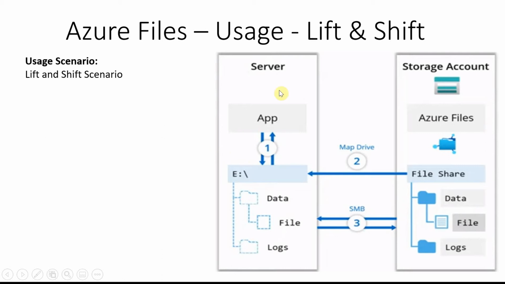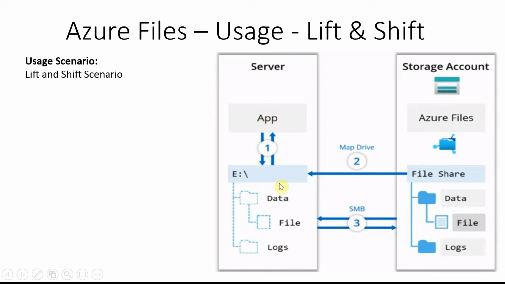Imagine that this is your on-premise side. Forget about the other side of it. In on-premise, if you're using a file share, generally your application, some Java or .NET application, will connect to a file server.